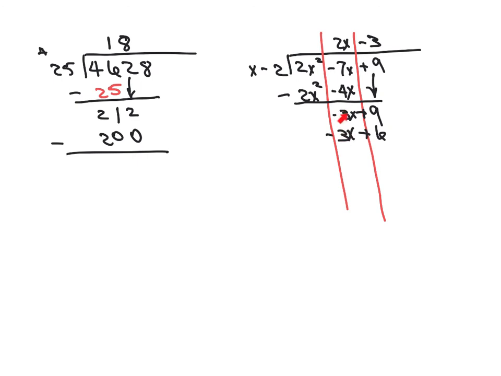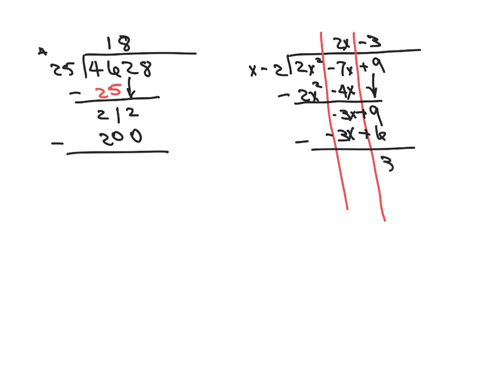Again, these have to match. Line, minus. -3x minus -3x is -3x plus 3x is 0, so that works perfect. 9 minus 6 is 3.